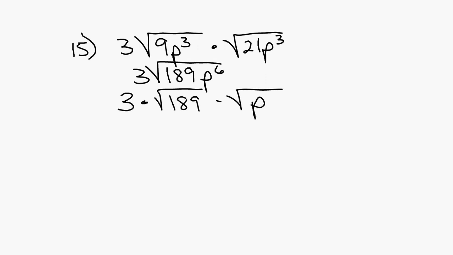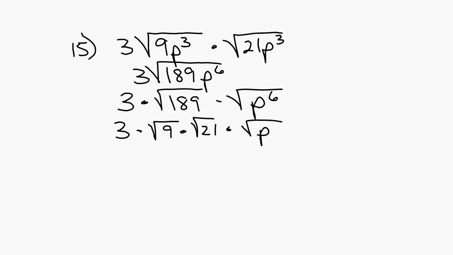So we got 3 times the square root of 189. The largest perfect square that goes into 189, 9 goes 21 times, so the square root of 9 times the square root of 21 times the square root of p to the 6th.